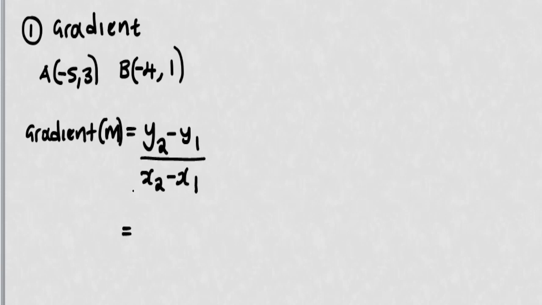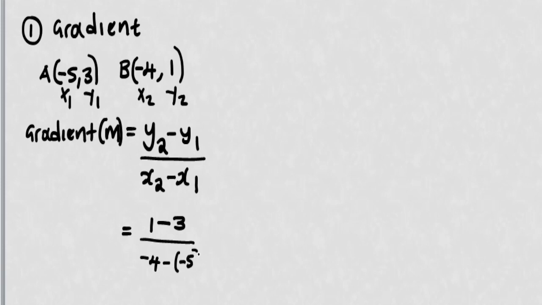In this case, we name this as x1, this as y1, this as x2, this as y2. Then our y2 is 1 and our y1 is 3. Our x2 is -4 minus our x1 which is -5.